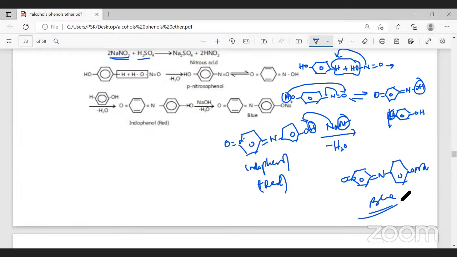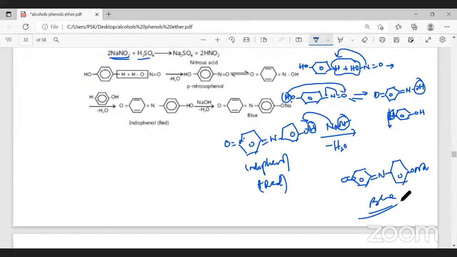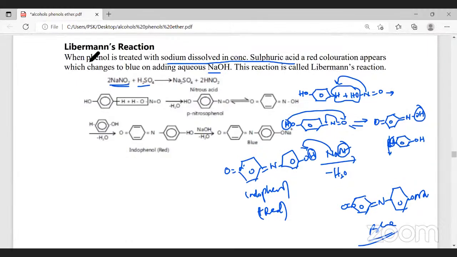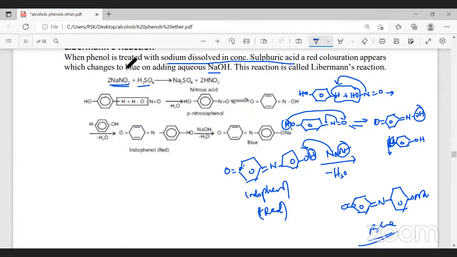So these reactions are not in syllabus and you don't have to worry about it. But remember, Liebermann's test is a test for phenol. So when phenol is treated with sodium nitrite dissolved in sulfuric acid, simply understand phenol in acidic medium, it is red in color.